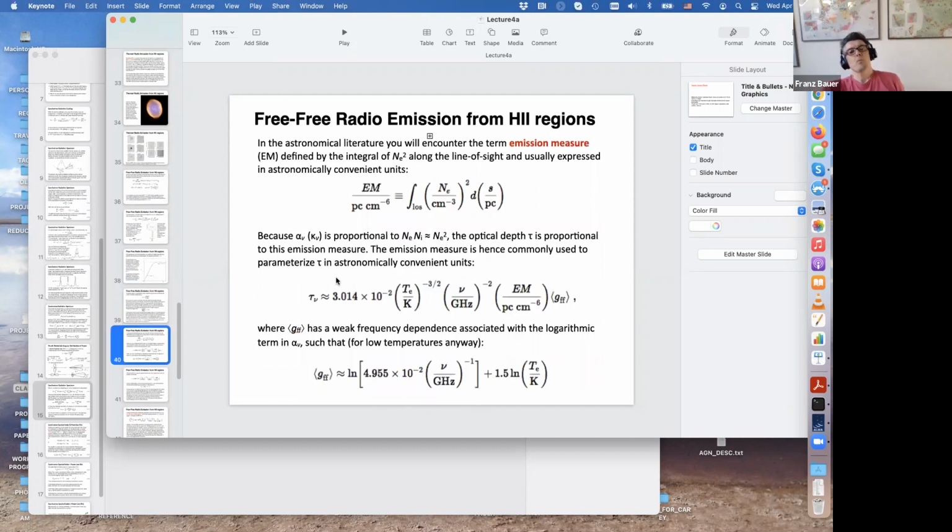So one way to quantify this in simple terms is to wrap up this density term. The density along the line of sight is what you want, and it's an easy thing to quantify.